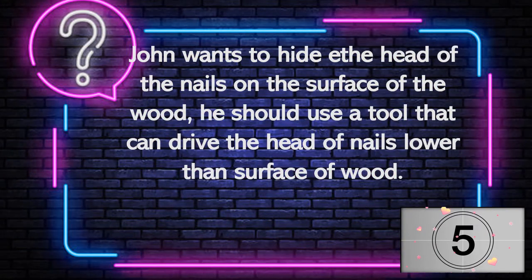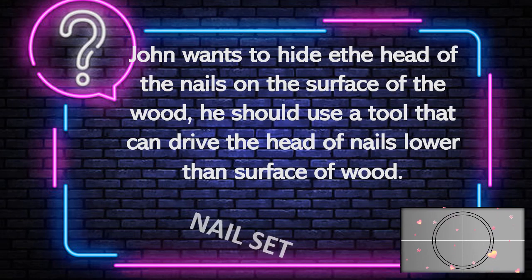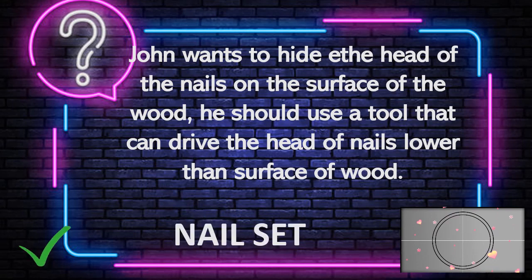John wants to hide the head of the nails on the surface of the wood. He should use a tool that can drive the head of the nails lower than surface of a wood. Your answer is correct.